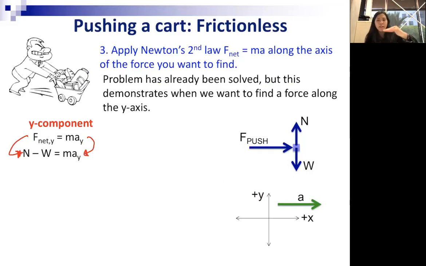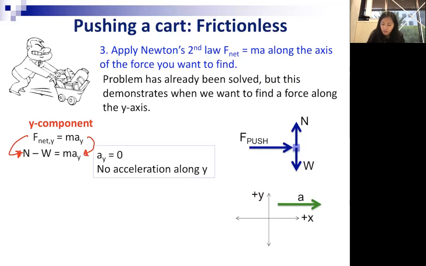So we can assume that it's not jumping up and down. Okay, so it has no acceleration along the y. And so acceleration along the y is 0, and your Newton's second law of motion becomes normal force minus weight force is equal to 0. And from that, you can rearrange this equation to find the normal force.